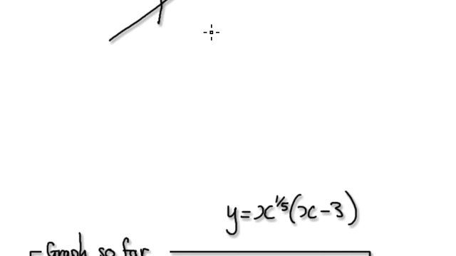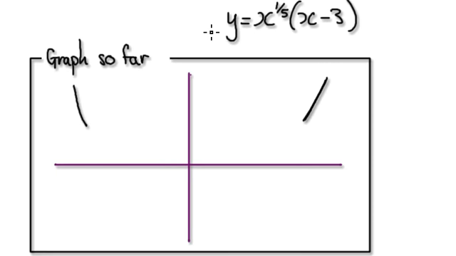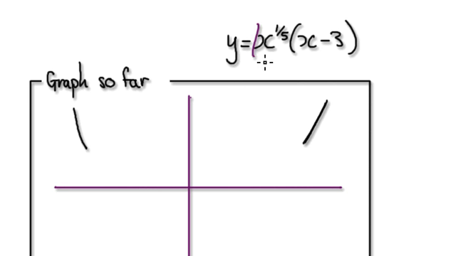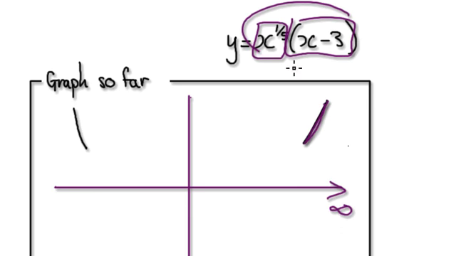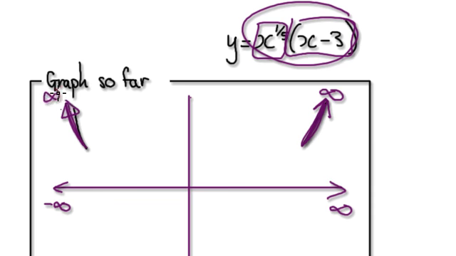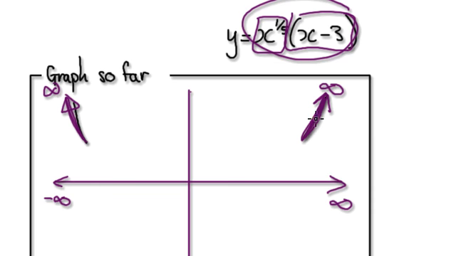So what we've got so far is that when you look at this times this thing here, as x tends towards positive infinity, then the combination of the two will head towards positive infinity. Now, as x heads towards negative infinity, this will also head towards positive infinity. So this is what we've got so far.